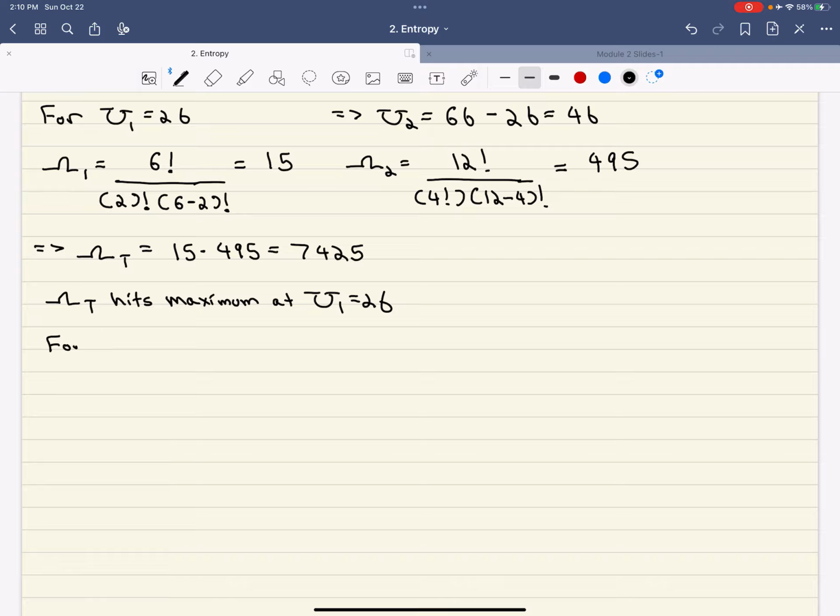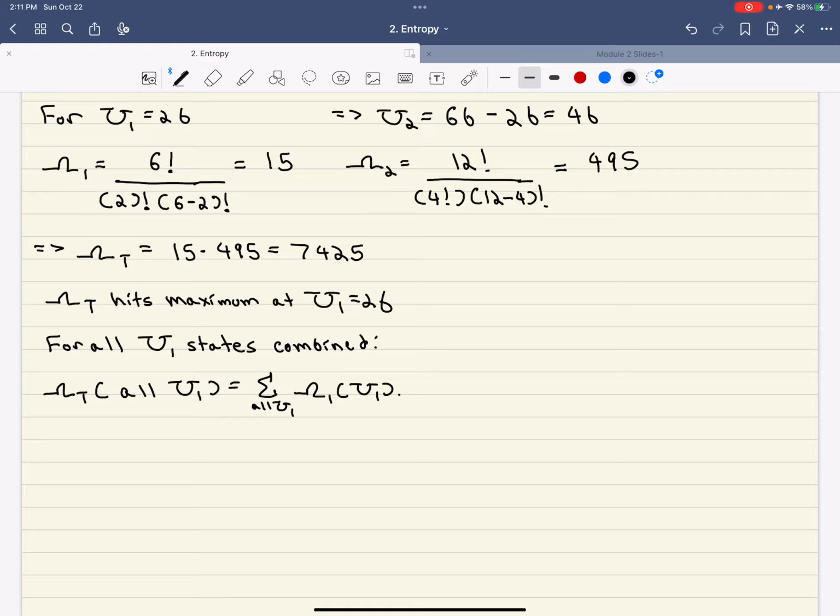We could also consider the number of microstates for every single possible value of U1. And so here, omega t for all of U1, we would just add up the sum of omega 1 times omega 2 for each energy value.